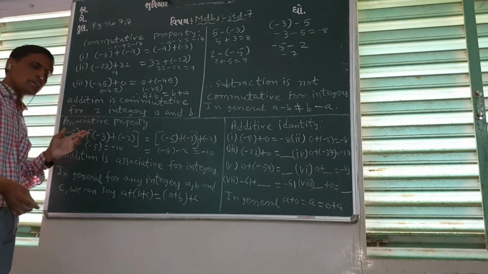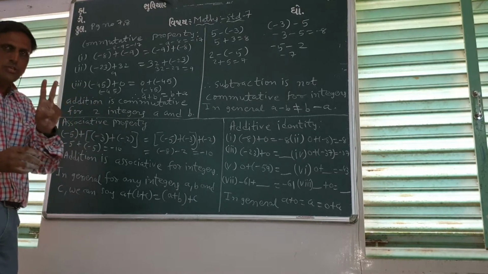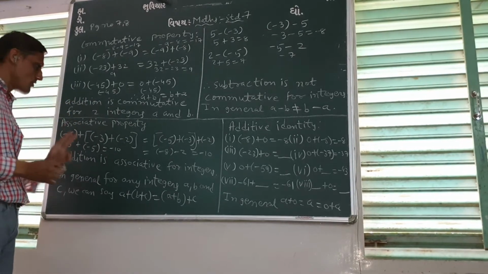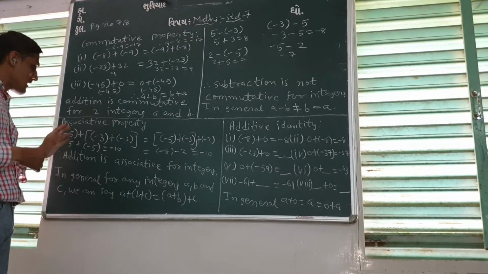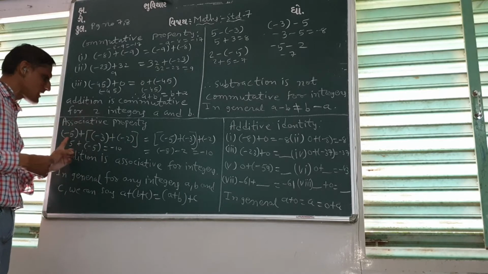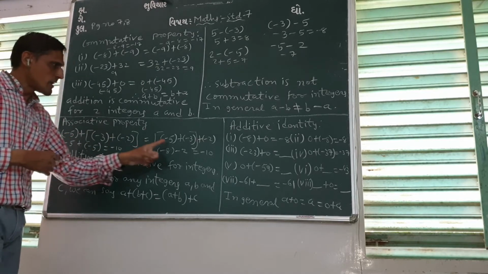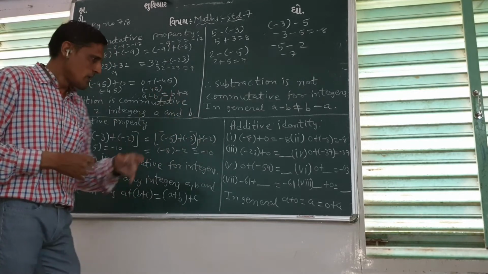If we take any three integers and put them in association of 2, right. Any two numbers you have to associate, and keep one outside. Here we have kept -3 and -2 associated and -5 different. Here -5 and -3 are associated, -2 is outside, right.